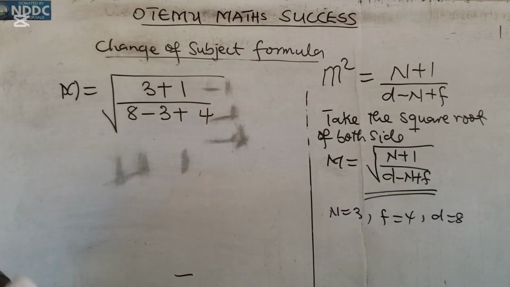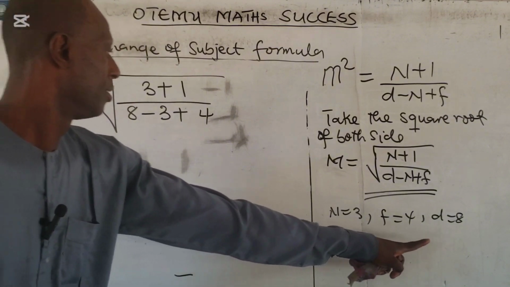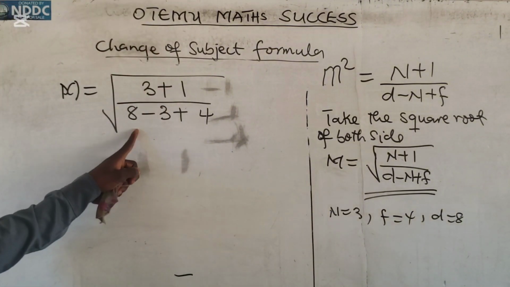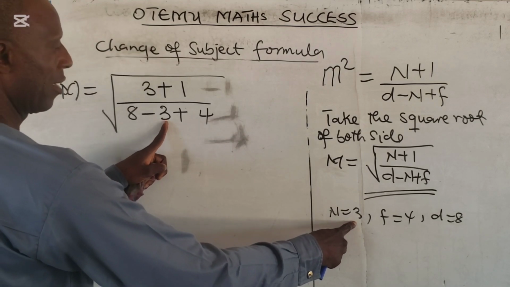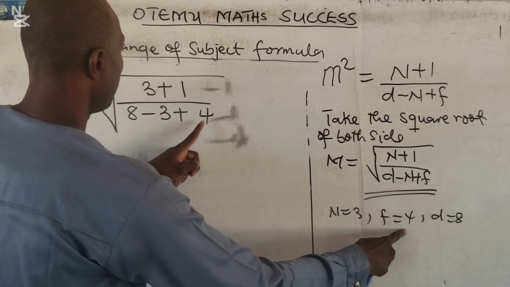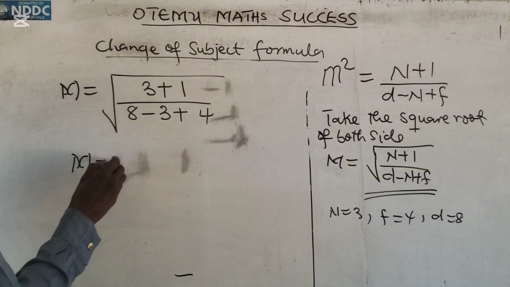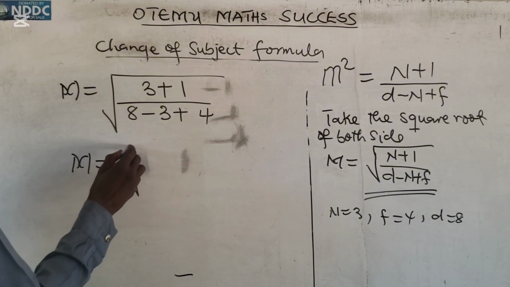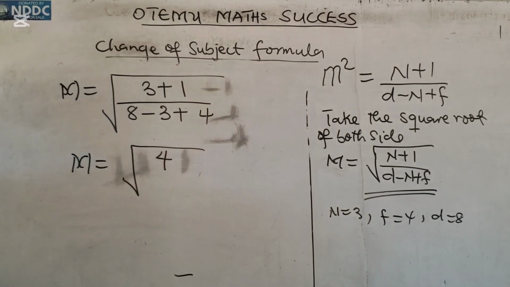Now look at it, let's go again. D is 8, N is 3, and F is 4. So M now is the square root of 3 plus 1 gives us 4.